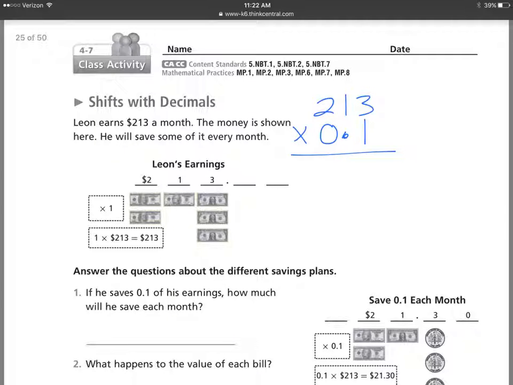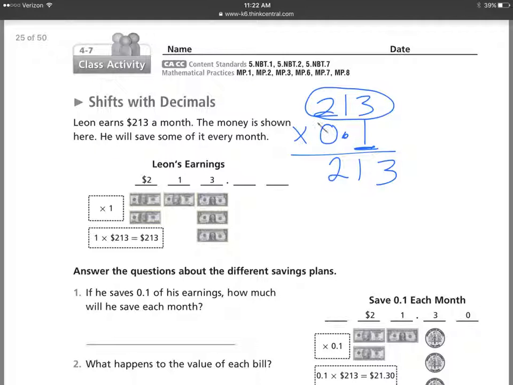One, we have a decimal, so that we're going to need to count decimal places. And two, that we're only multiplying by 1. Therefore, if we're taking 213 and ignoring the decimal for now and multiplying by this whole number 1, we realize that our answer should be the exact same, 213.